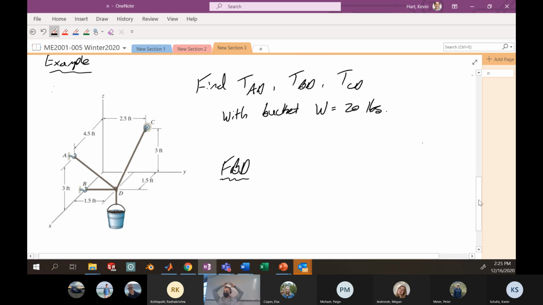Maybe another 30 seconds or so on the free body diagram, and then we'll work it. Free body diagram this guy out, not all that difficult.